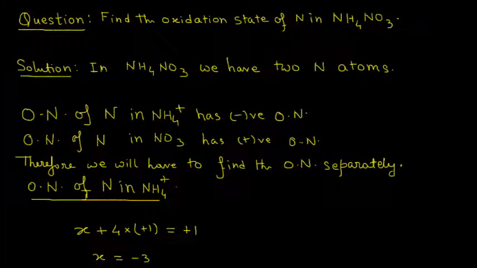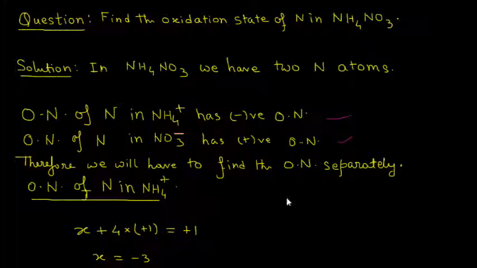Find the oxidation state of N in NH4NO3. In NH4NO3 we have 2 nitrogen atoms. The oxidation number of N in NH4+ is negative, and the oxidation number of N in NO3- is positive.